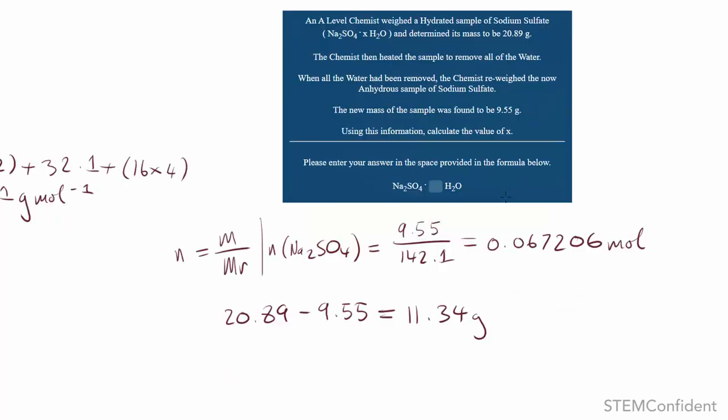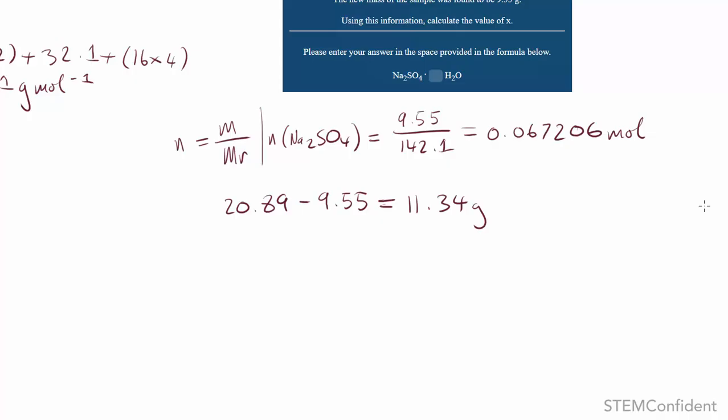Now, with this value in mind, using the same equation, the number of moles for H2O is going to be equal to 11.34 divided by the molar mass for H2O.